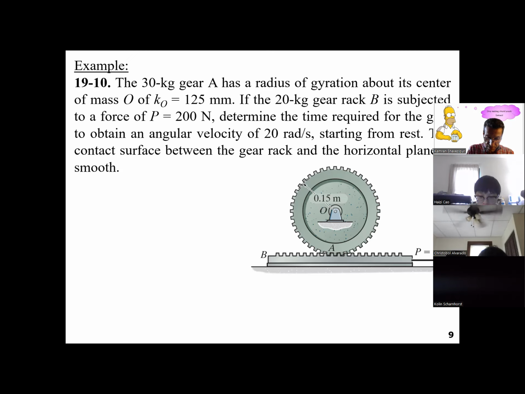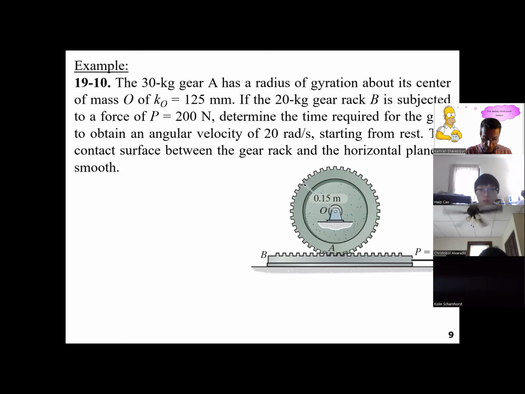The radius of gear R is 0.15 meter. The radius of gyration, kG, is 0.125 meter. The force applied is 200 Newton.